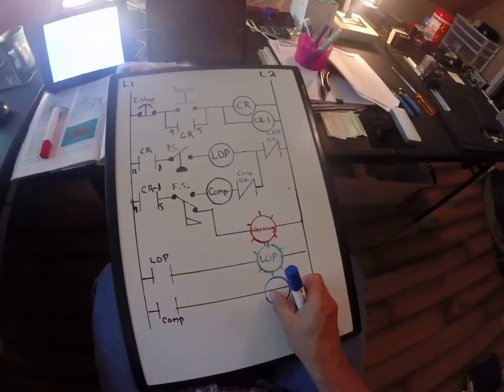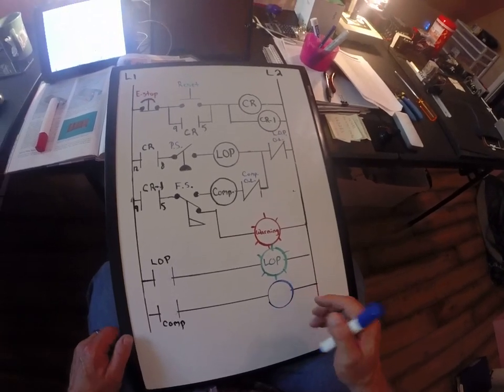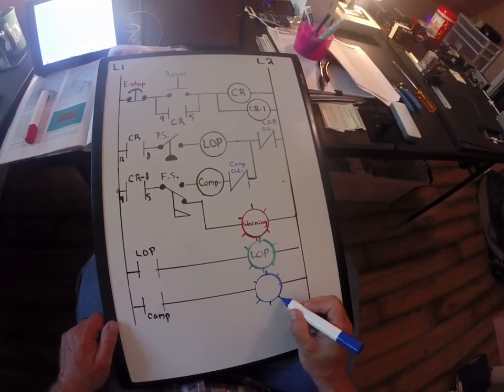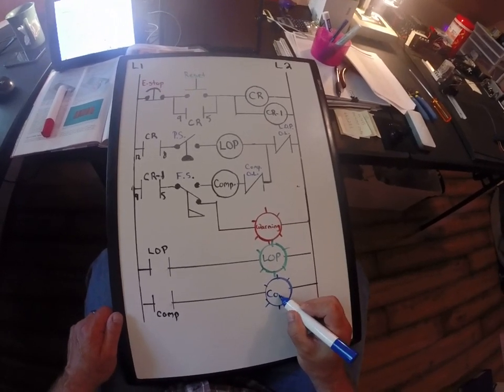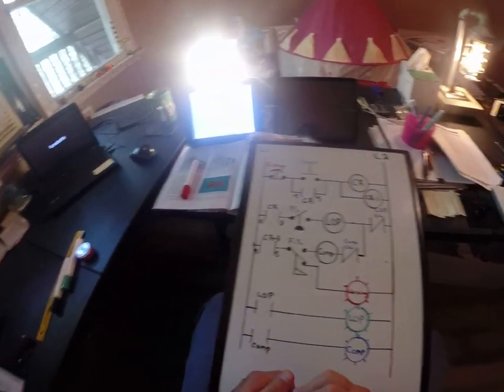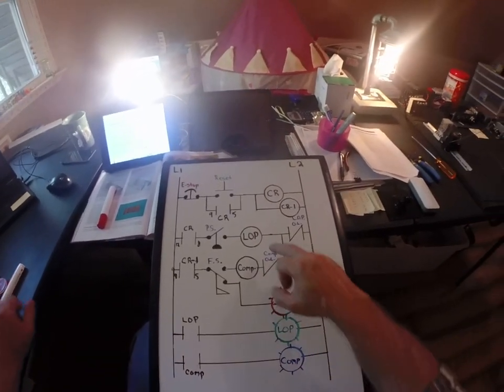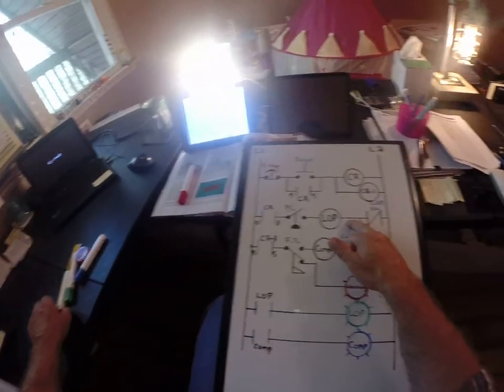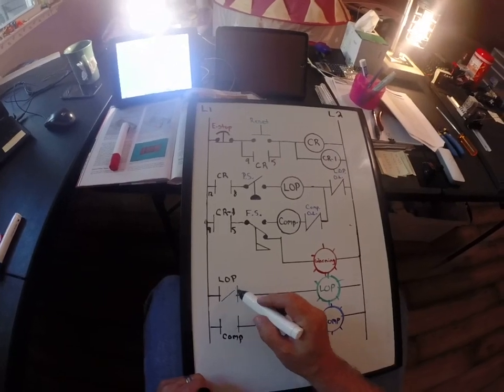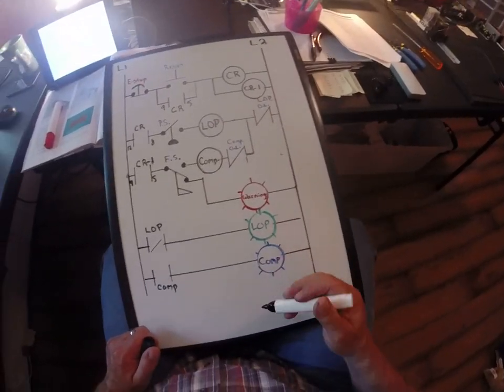And we're just using the contacts that are likely on that relay base or starter auxiliary contact to give us an indication. So if we wrap this up, when the lube oil pump is energized, the contact associated with it will close, giving me my lube oil pump light.